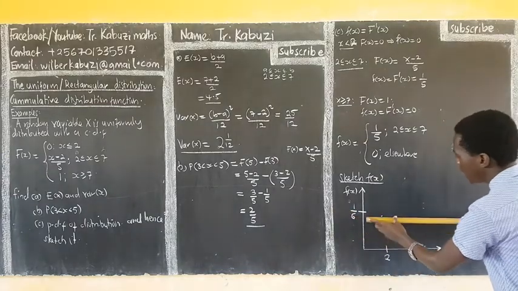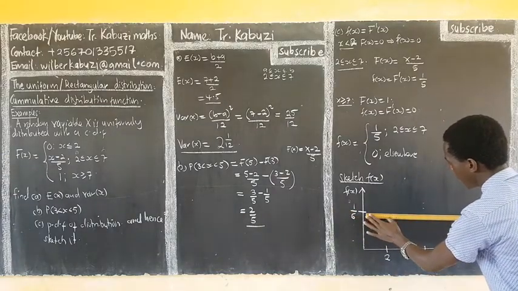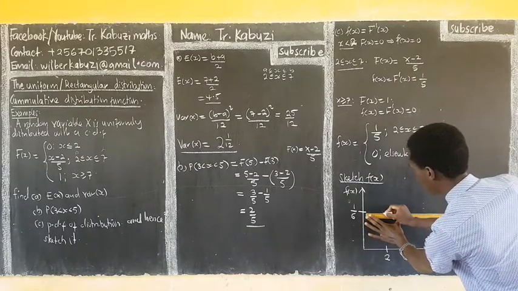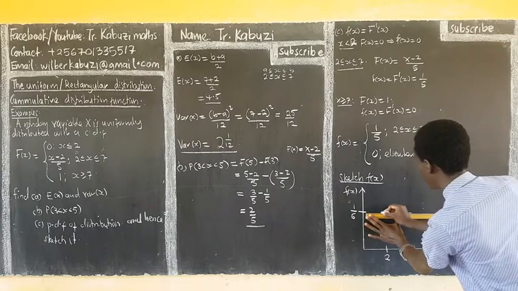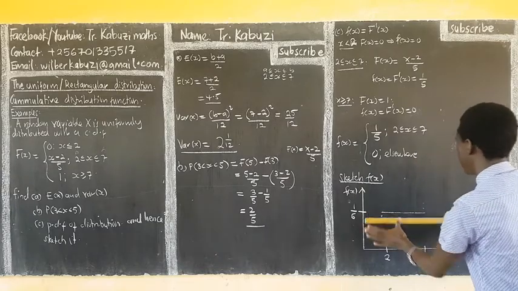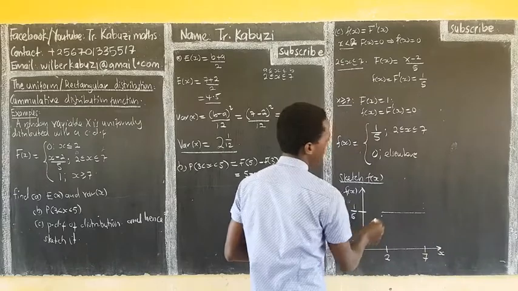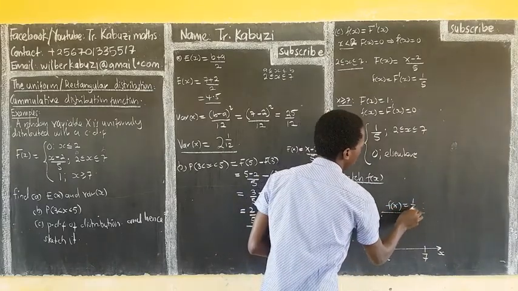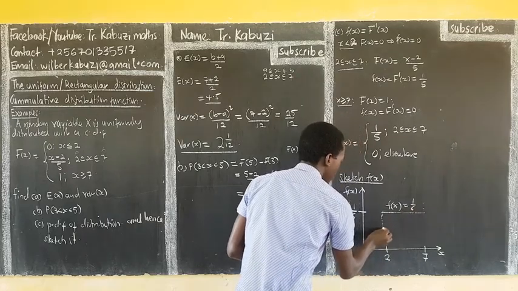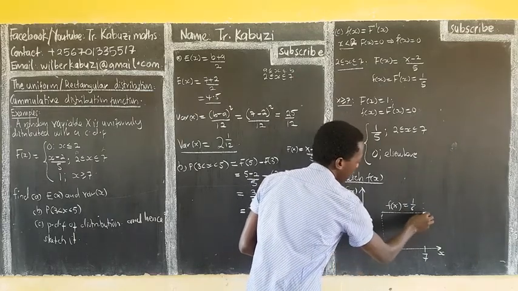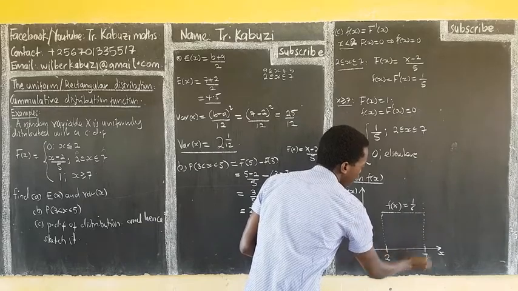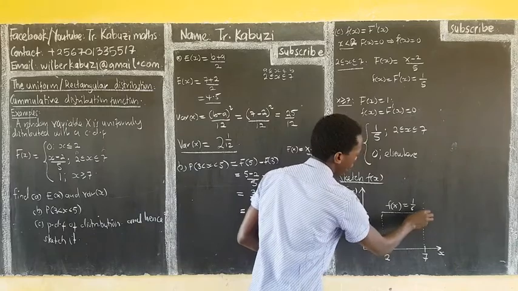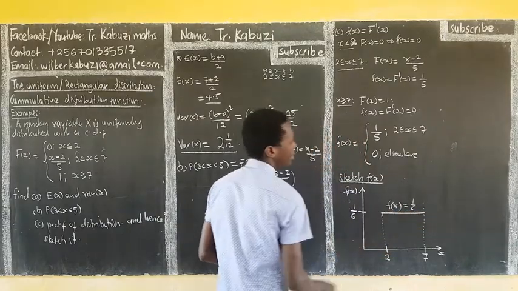Then we join these two things there, from that to that. So that's how we draw f of x equal to 1 over 5. You see this is corresponding to that 2, and this is corresponding to that 7. So there we have sketched small f of x.